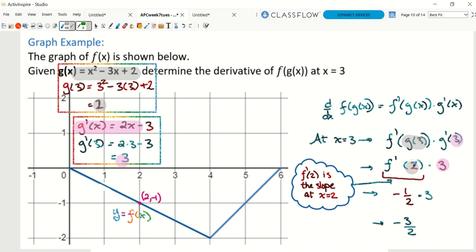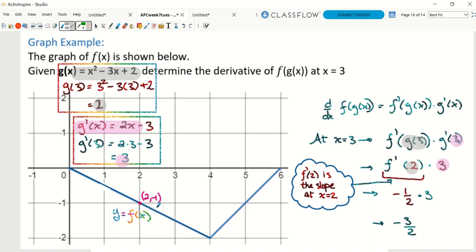Now, f prime of 2, they don't give us any specific function for f or f prime, but they give us a graph for f. If you look at the sparkly font right here, this is the graph of f of x. f prime means the slope. So if I were to translate this into English, it's asking for the slope at x equals 2.